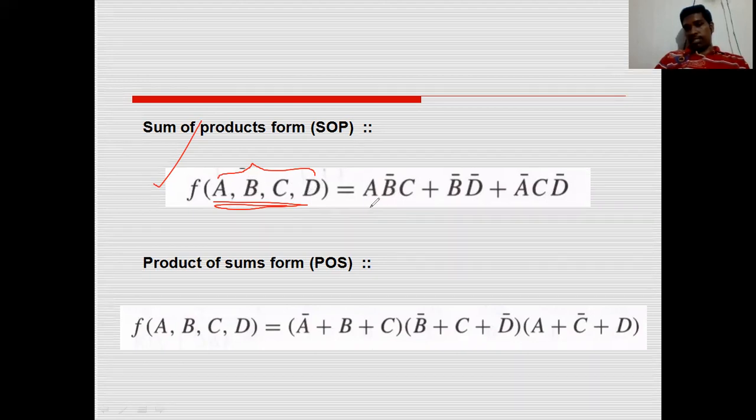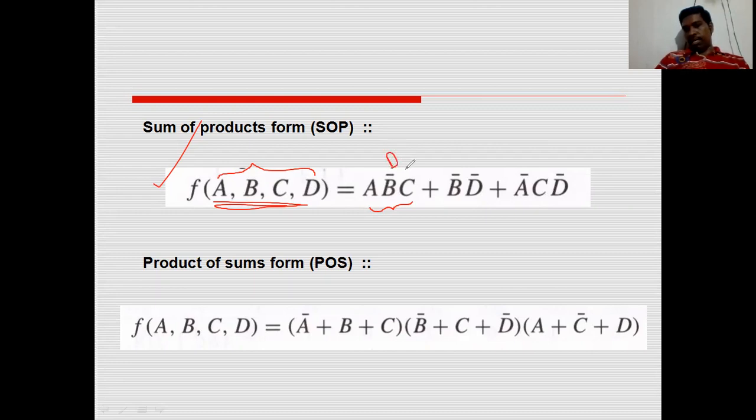See here, in the first term A is existing, B is existing, C is existing. Please don't consider the bar, whether the literal is in true form or complemented form, that is not considered here. Whether it is existing or not, that's it. A, B, C, all three are existing, but D is missing in the first term.